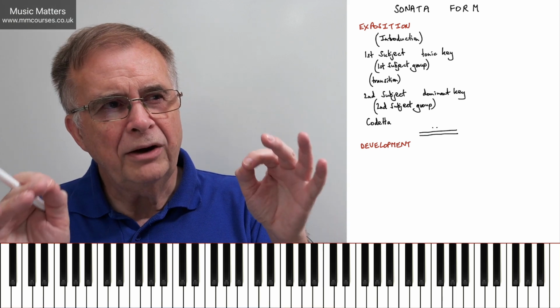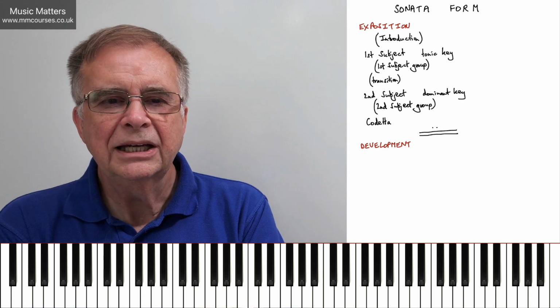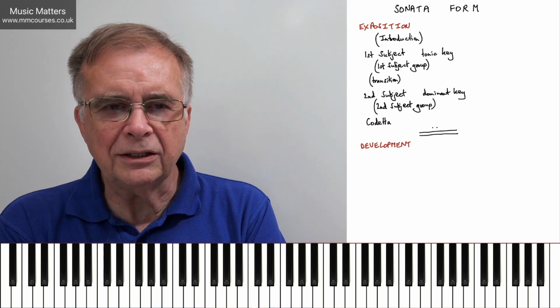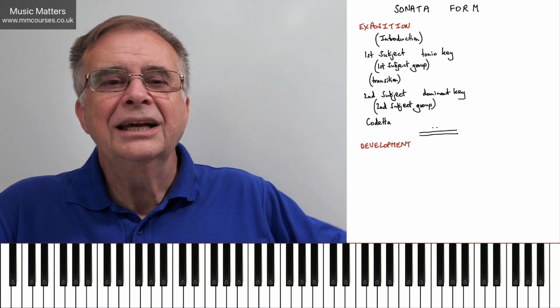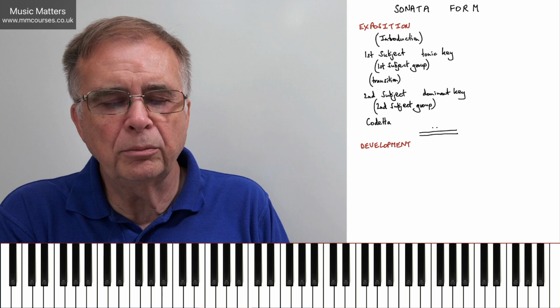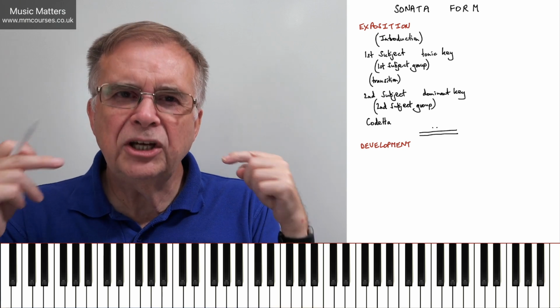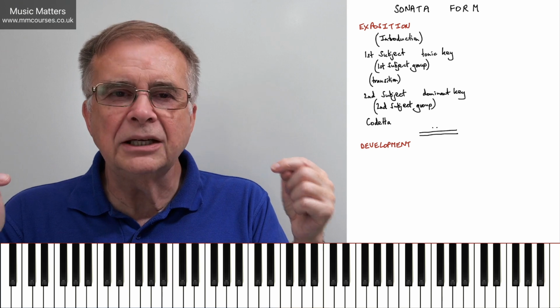Where it's satisfying for the listener, of course, and this is one reason why sonata form works so well, when you're wanting a slightly longer structure than you've previously had in these perhaps shorter binary form movements, is that the listener's heard the first subject at least once, has heard the second subject at least once.